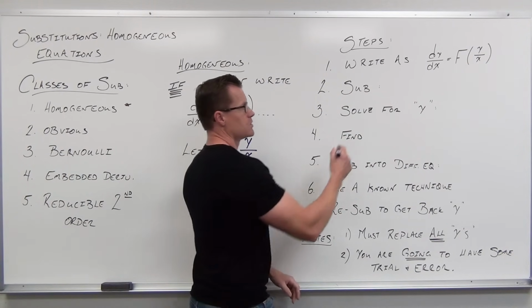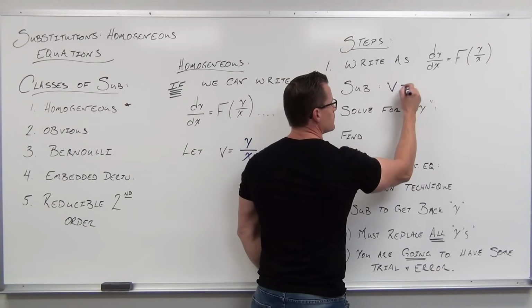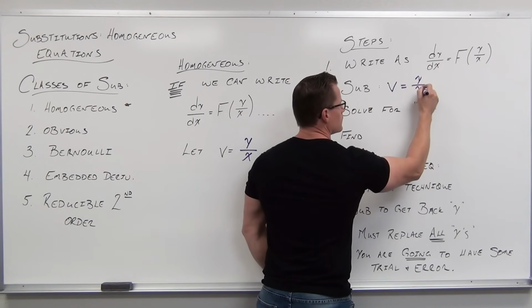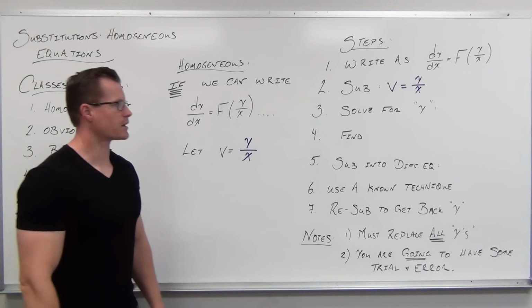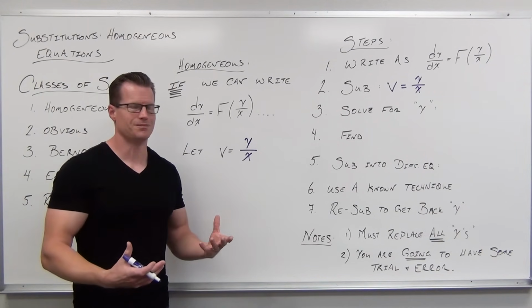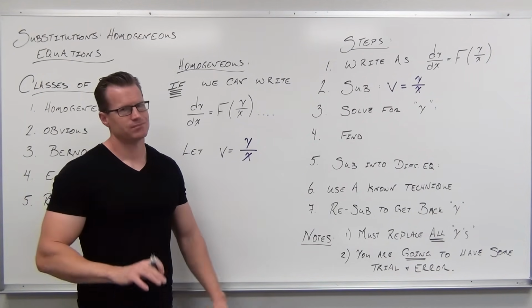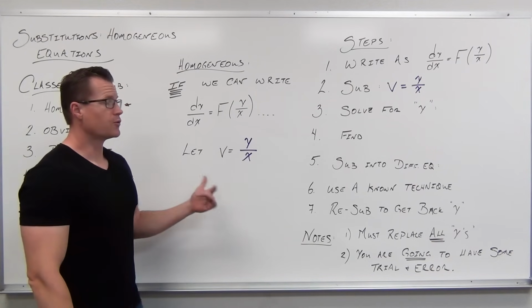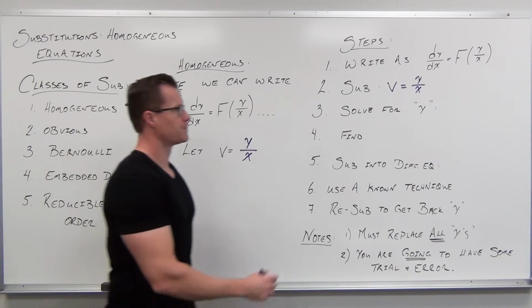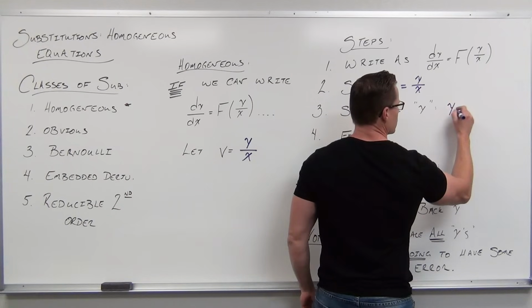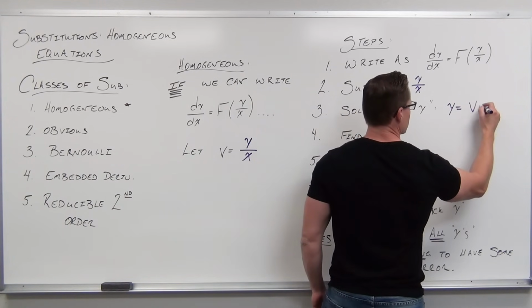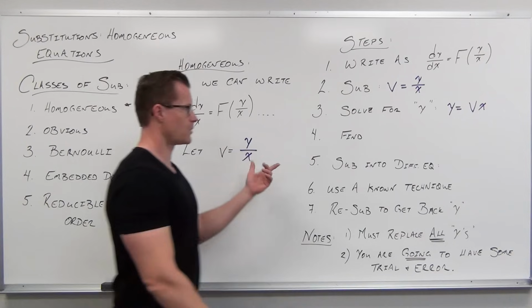Okay, we'll make our substitution. Let's let v equals y over x. Why do we do that? Magic, because I told you so. Not a good answer. If we solve this for y, it would give us y equals v times x.